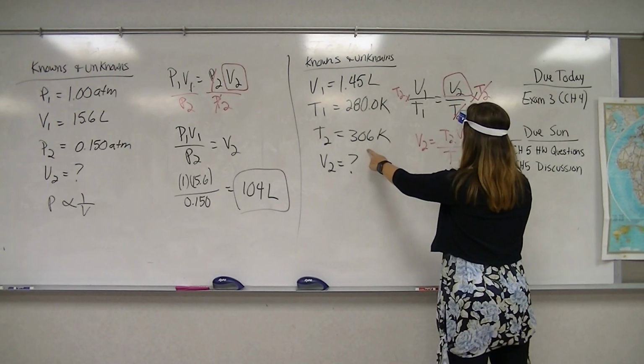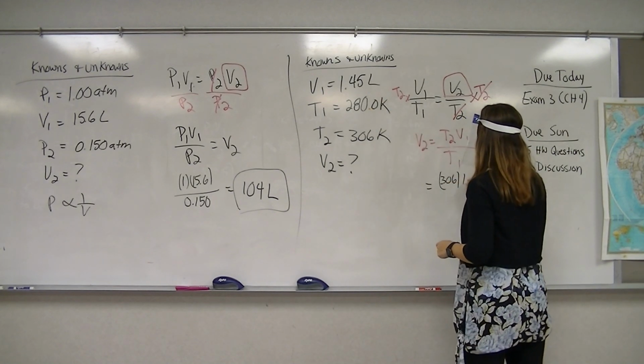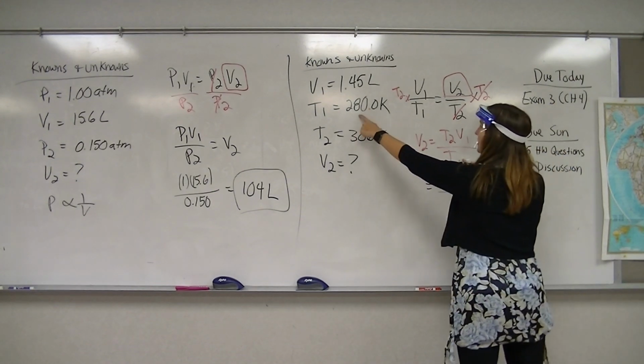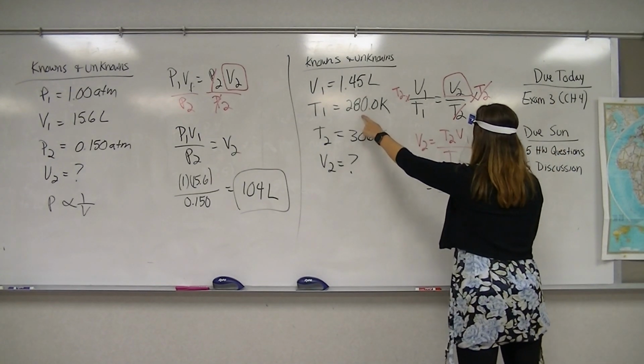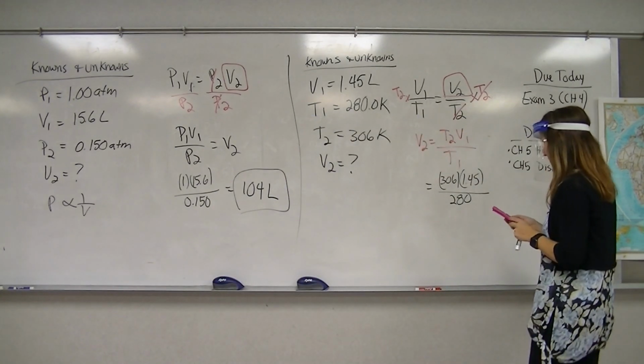So I have 306 for my T2. My V1 is 1.45. My T1 is 280. So let's see what happens to the volume.